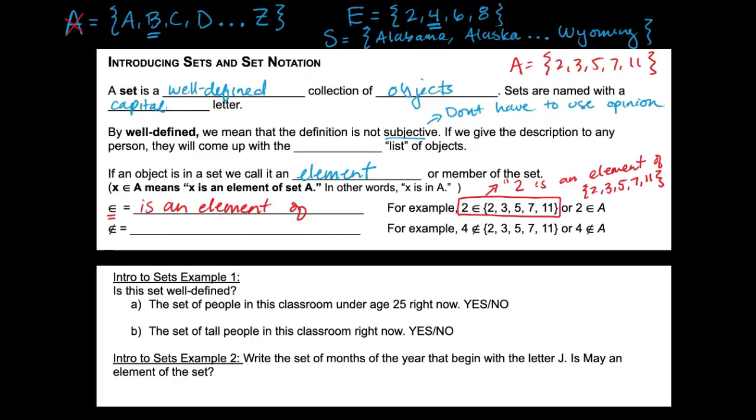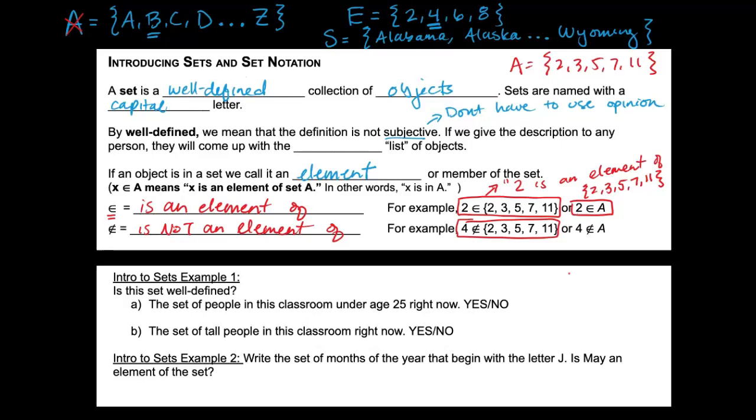If I said 2 and then use that symbol and A, this just means 2 is an element of A, and that way I don't have to write out all of the elements in the set. And if we want to talk about an element not being in a set, we can use this symbol, which means is not an element of. For example, this right here means 4 is not an element of the set 2, 3, 5, 7, or 11, or we could just say 4 is not an element of A.